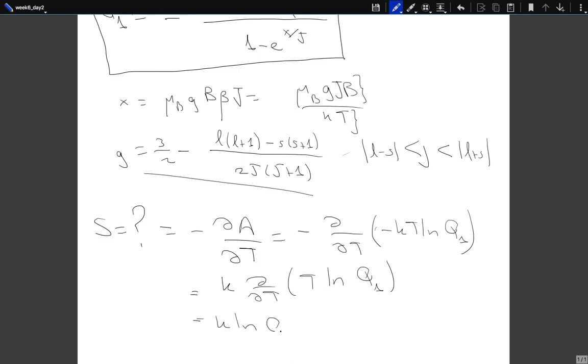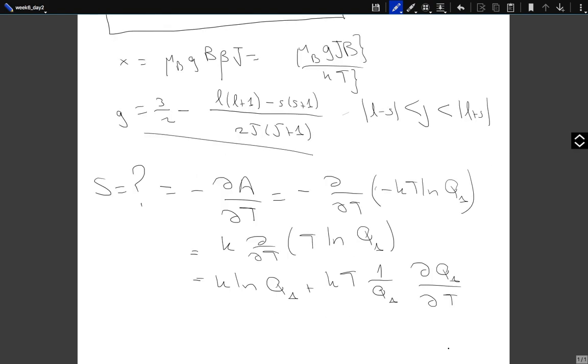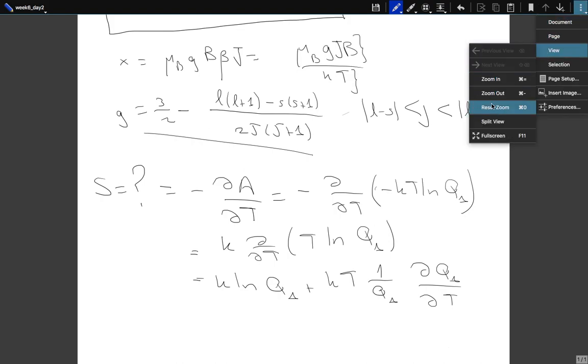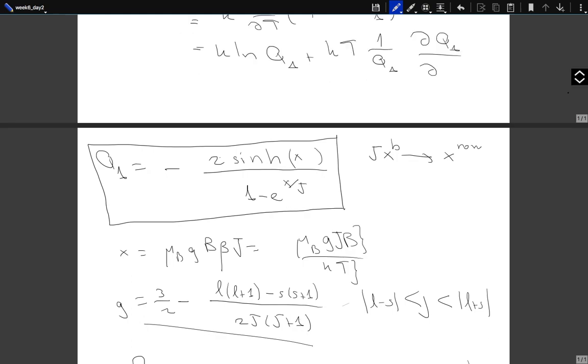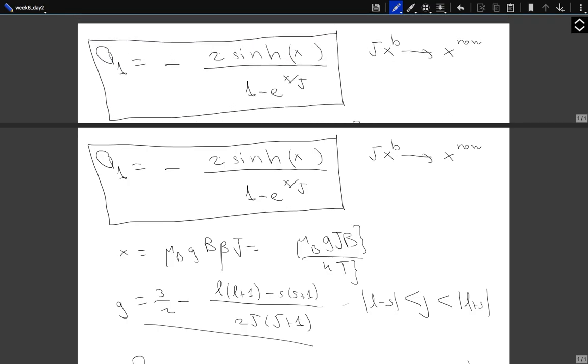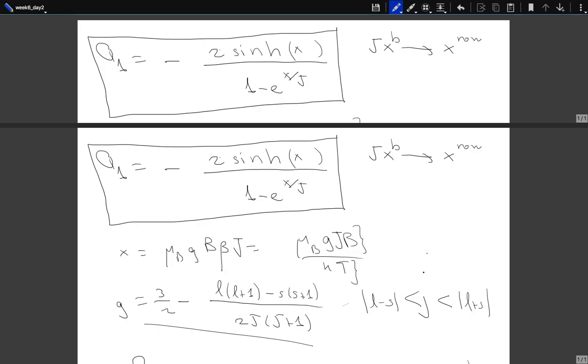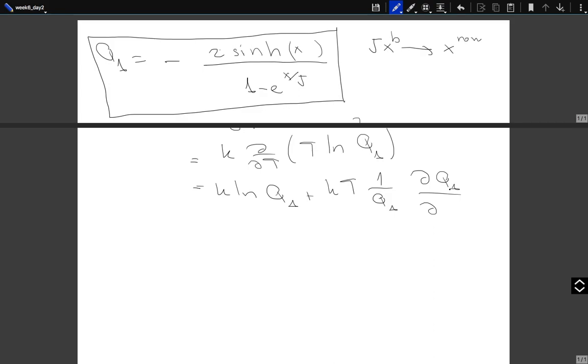This is k times the logarithm of q1 plus kT times 1 over q1 times the derivative of q1 with respect to T. Well, q1 depends on T only through x. x was just mu B, the Bohr magneton, g times j times B times 1 over kT.